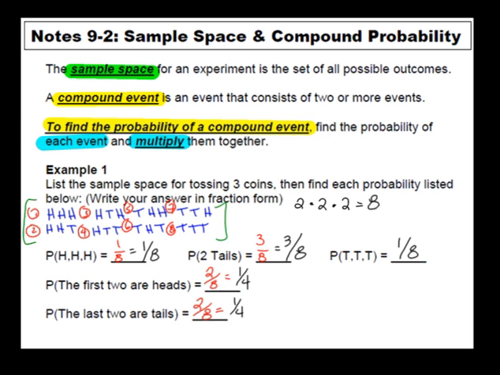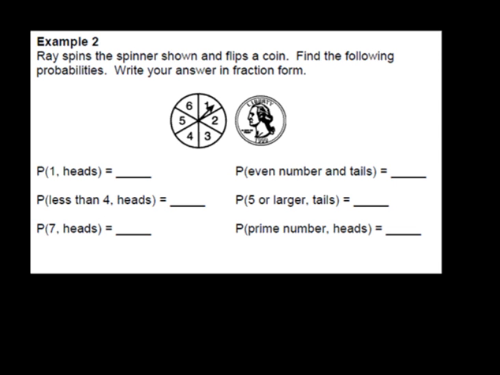Looking at our next example. It says Ray spins a spinner and flips a coin. Find the following probabilities and write your answer in fraction form. First, the probability of spinning a 1 and flipping heads.